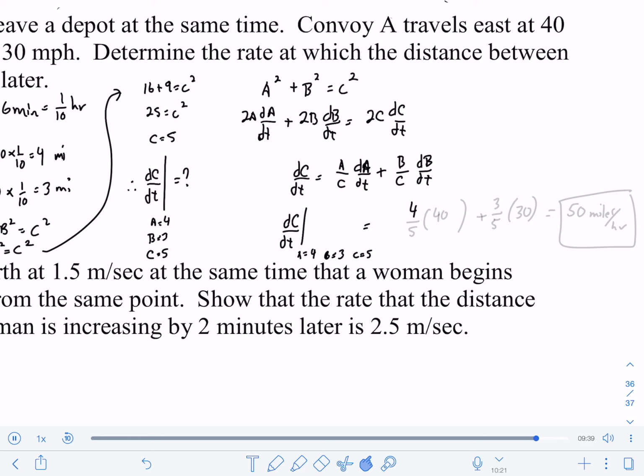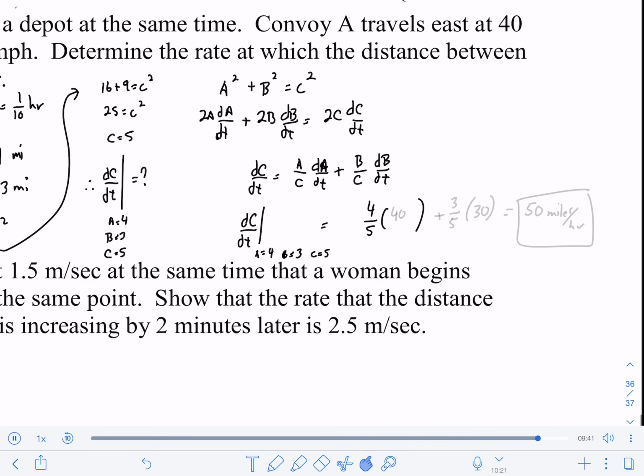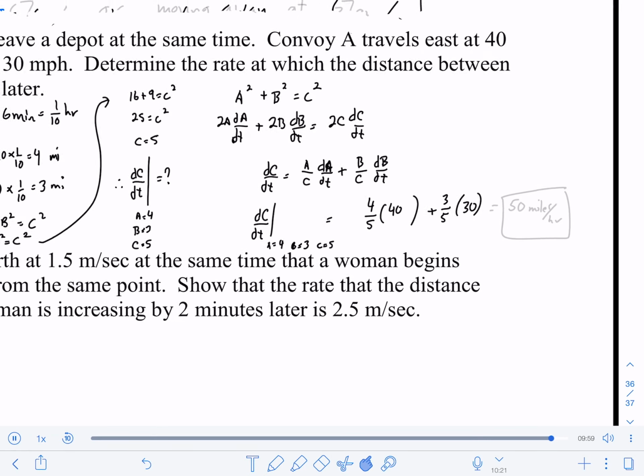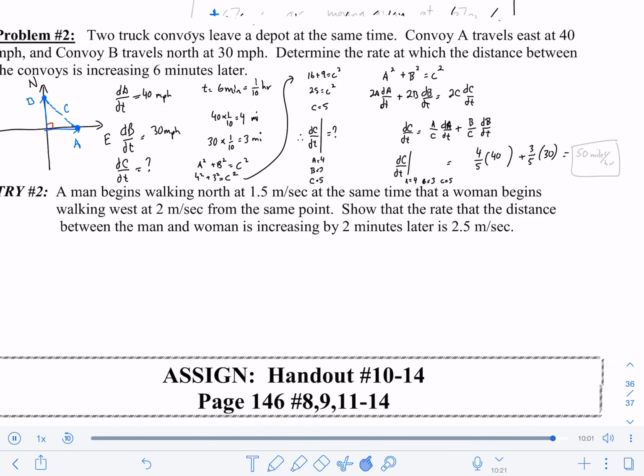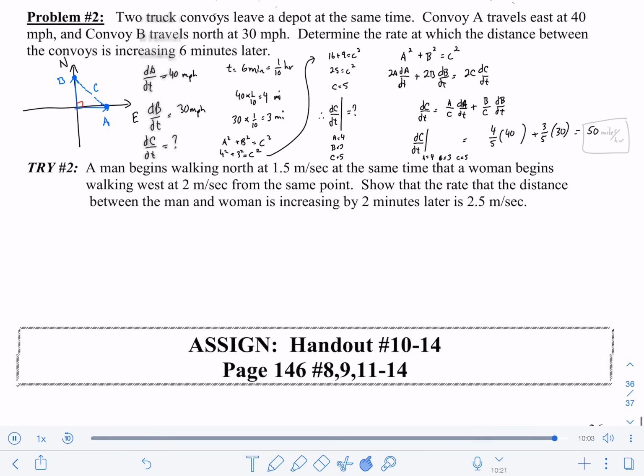So 4 over 5 times dA/dt, which is 40, plus 3 over 5 times 30. And if we add that all up, we end up with 50. So 50 miles per hour.